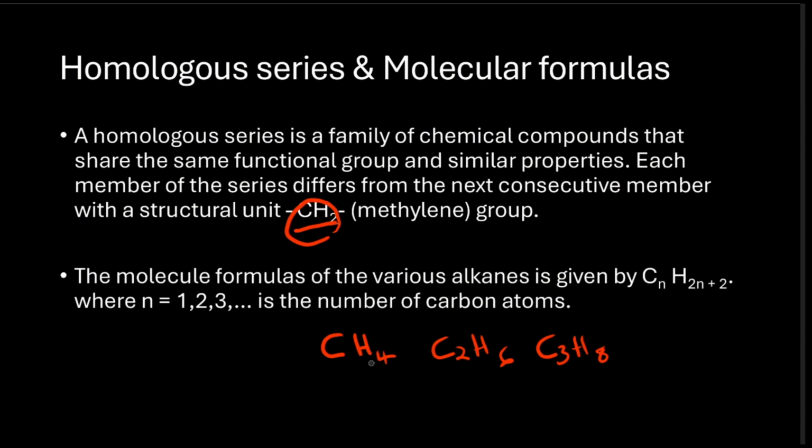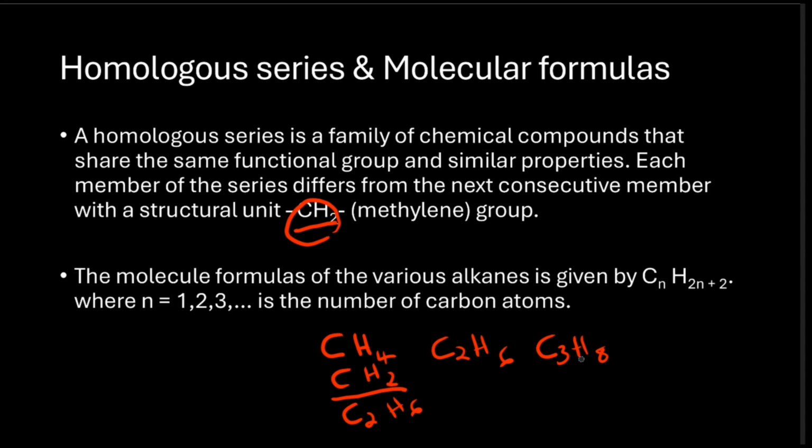So what do we mean by this? It means to get to the next successive alkane, we would have to add CH2 to the previous alkane to give us this. And then if we should add CH2 to the CH4, we get C2H6.